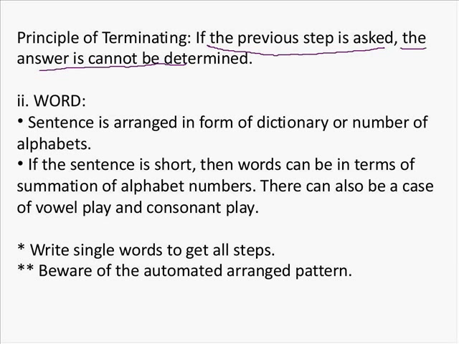There can also be a case of vowel play and consonant play. Write single words to get all the steps. And beware of the automated feeling. Clear to everyone? Just write yes. So I can go to questions now.